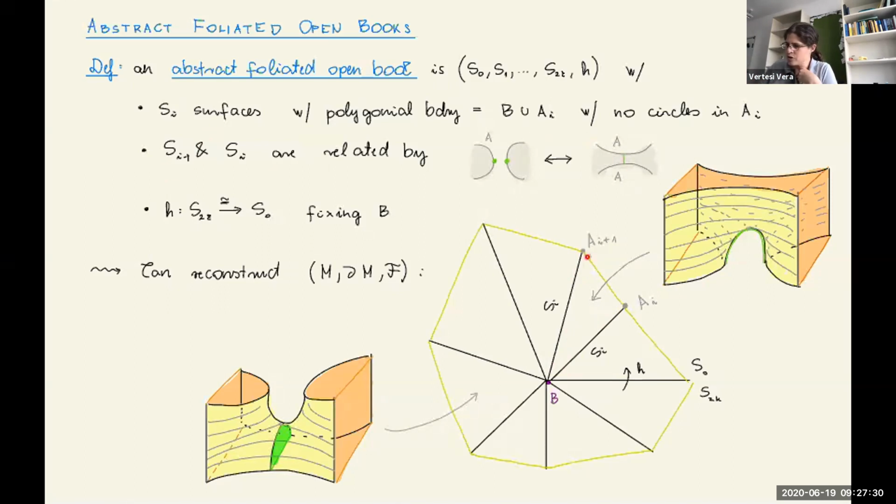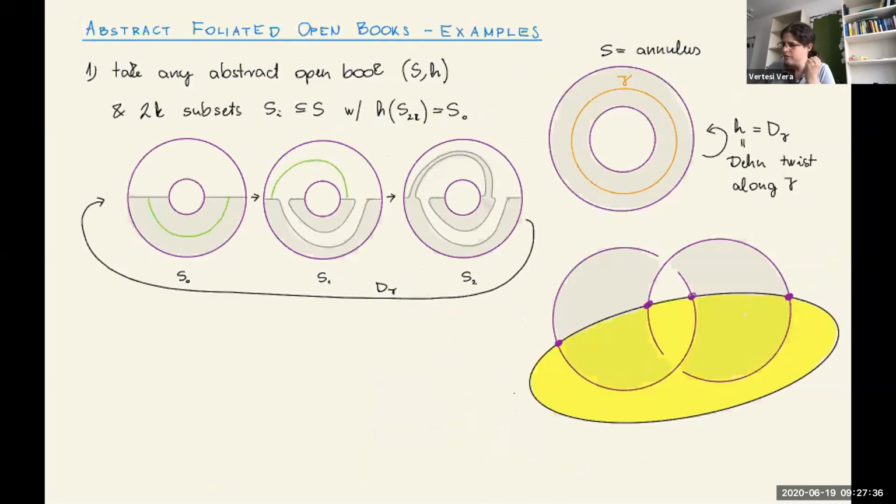Okay, and then the boundary also gets a foliation on this. Okay, and then you can very easily construct abstract foliated open books just as subsurfaces of normal abstract open books.